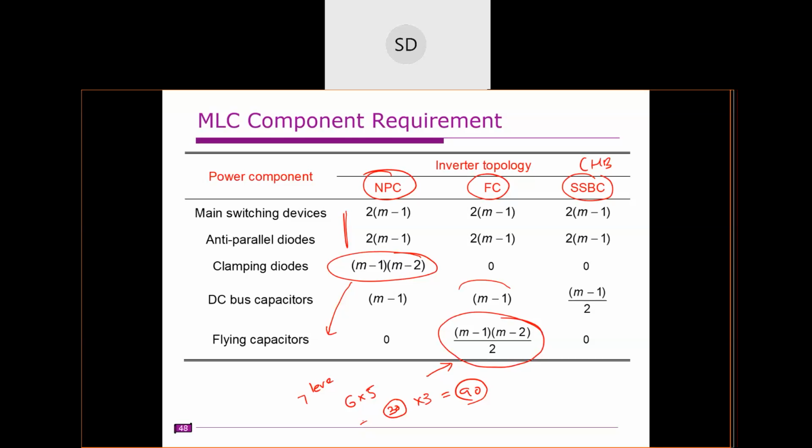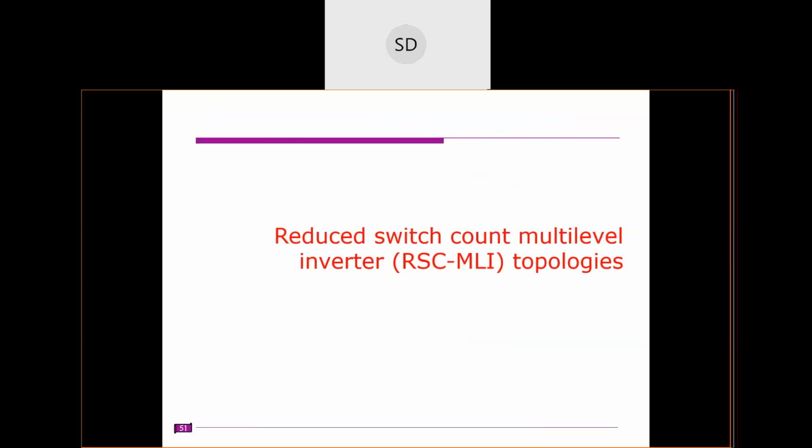To overcome these drawbacks, we have the reduced switch count multi-level inverters. The idea is to obtain a multi-level output waveform with a reduced number of switching devices. Reduced number of switching devices means either a reduction in switches, like IGBT reduction or diode reduction, or DC source reduction.